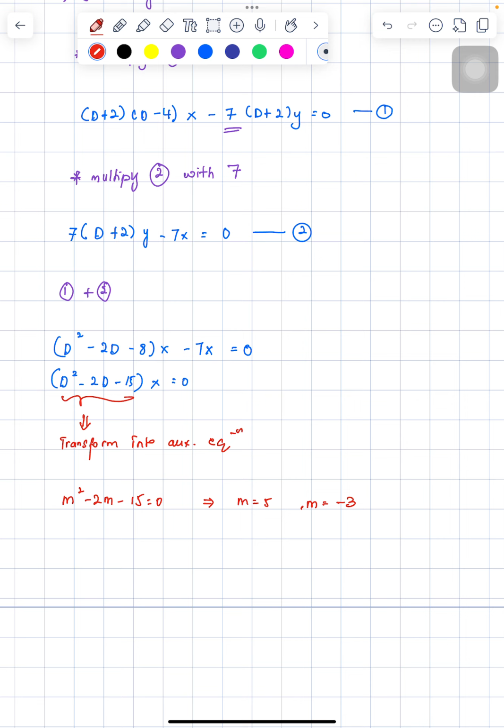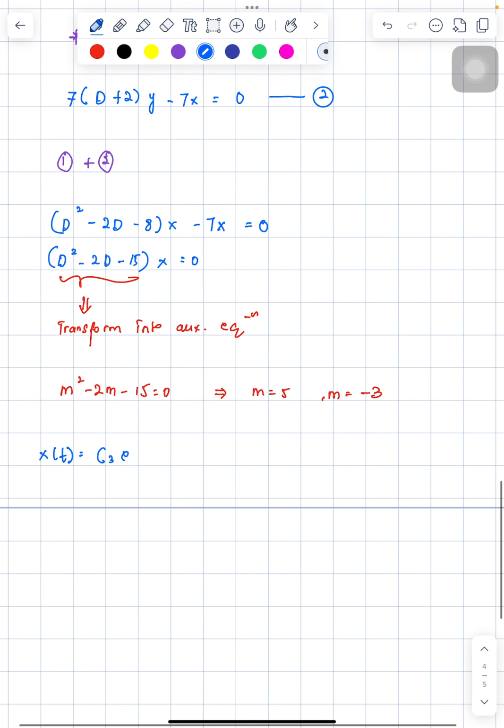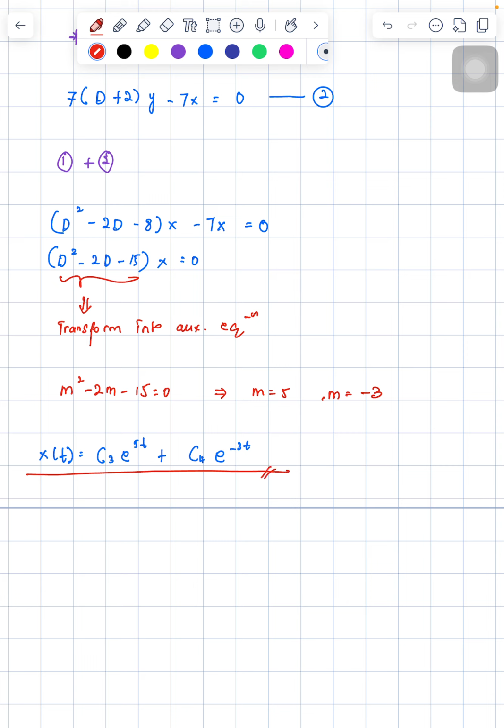So our general solution is xt equals to C3. Okay, since we already have C1 and C2, so now it's become C3 e to the power of 5t plus C4 e to the power of negative 3t. Okay, this is our xt.